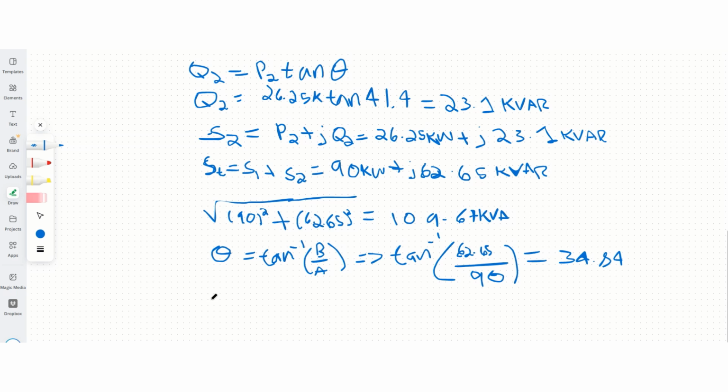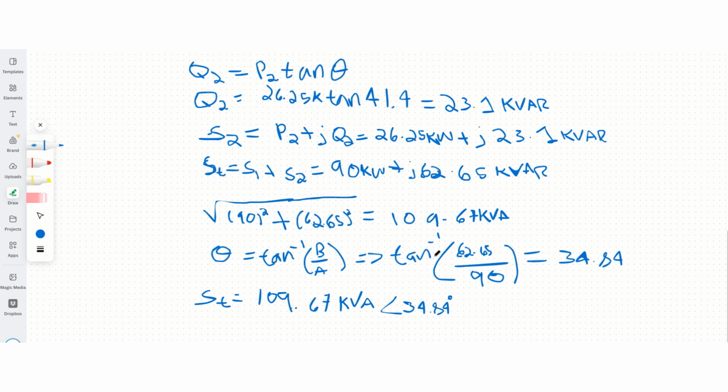So now S total will equal 109.67 kVA, and the angle will be 34.84 degrees.